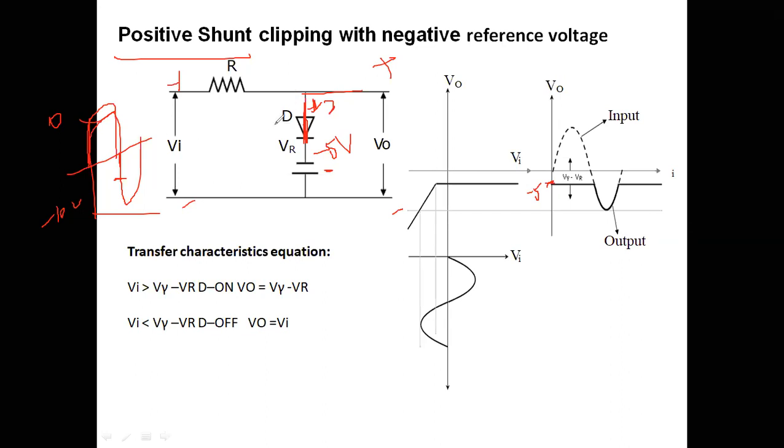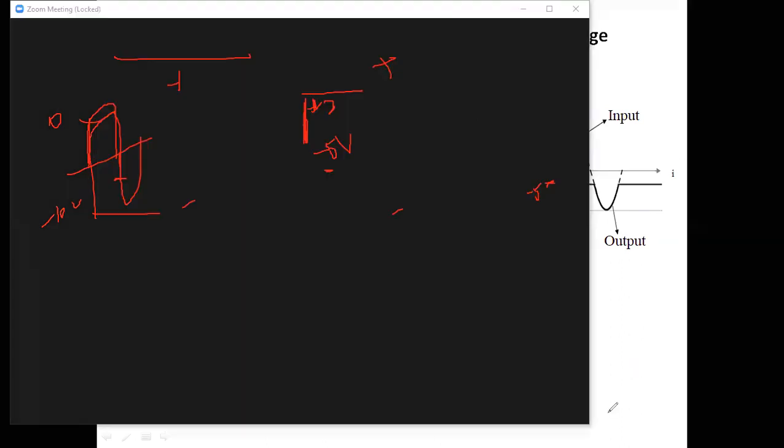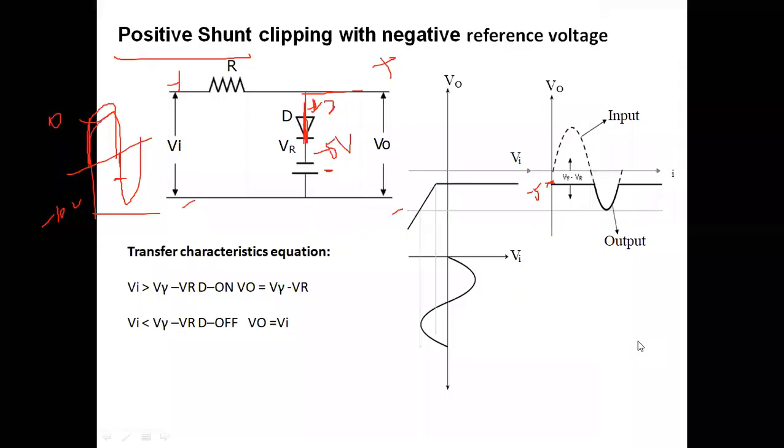When you apply minus 5.1, the anode voltage is smaller, because the cathode is at minus 5 and the anode is at minus 5.1. Therefore, if you consider the ideal case, the diode will be in off state.